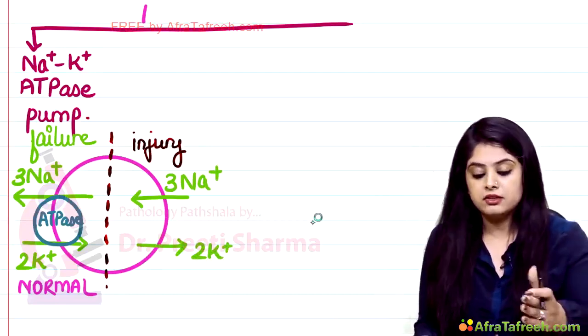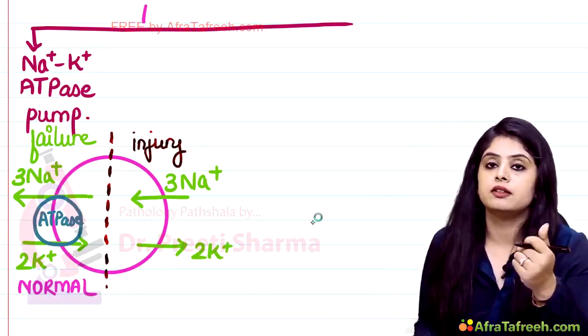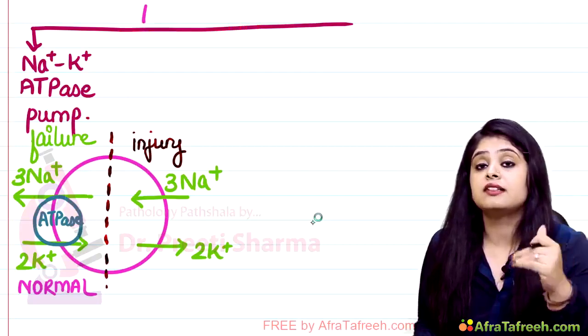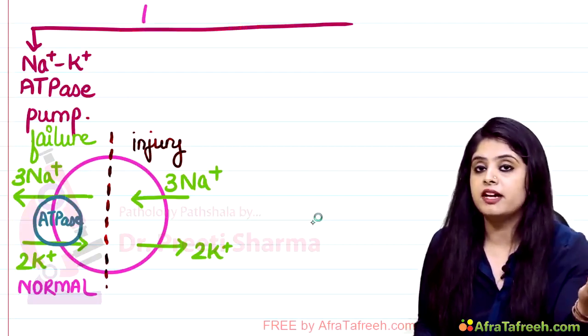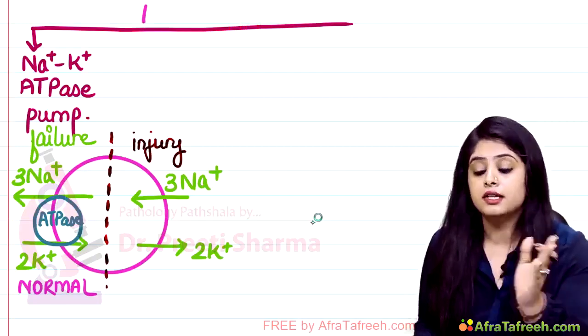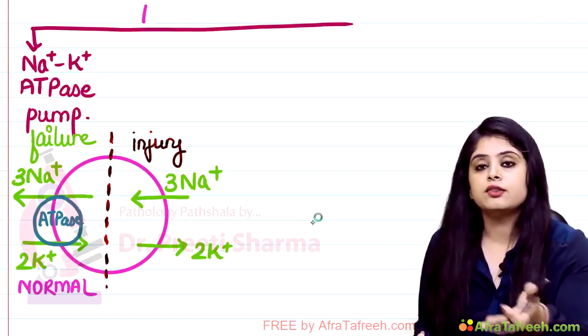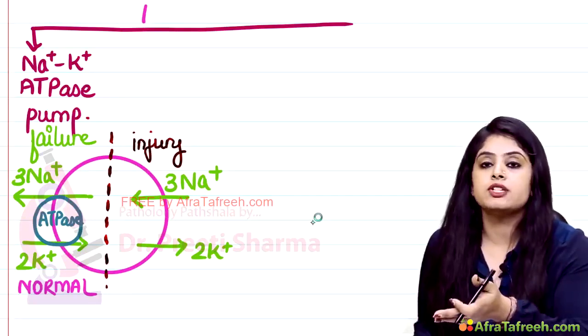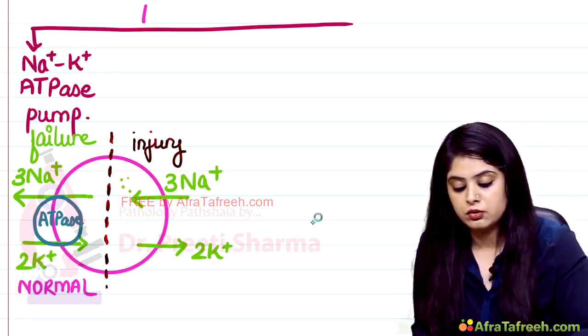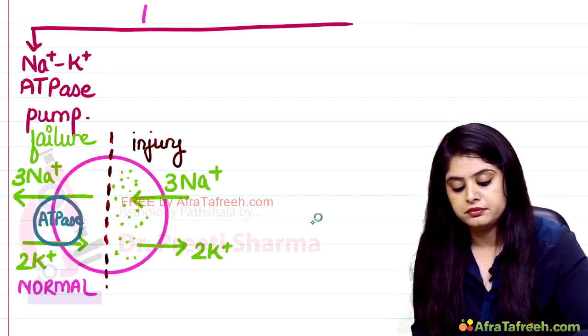Normally what was happening? 3 sodium exit, 2 potassium enter. The net concentration of ions outside remains more. Why? 3 are exiting, only 2 are entering. Now what is happening? 3 sodium molecules enter and only 2 potassium exit. So the concentration of solutes inside the cell is definitely going to be more.